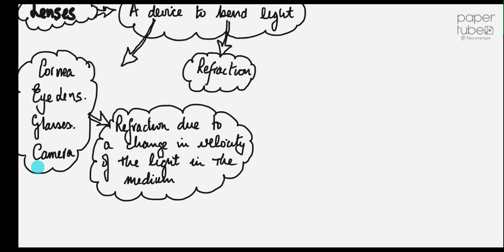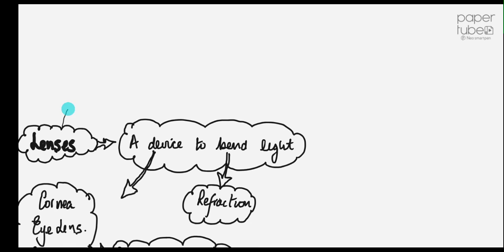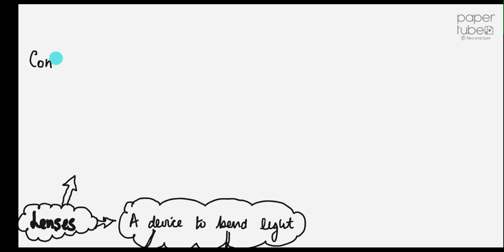So these are the lenses. So then we're just going to look at the two types of lenses that we get here. And we have concave lenses. Now we don't need to know a lot about concave lenses. Concave lenses look something like this here.